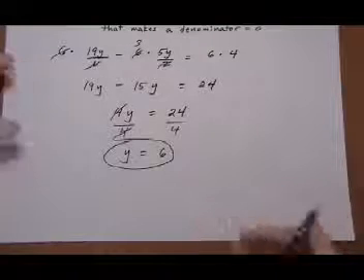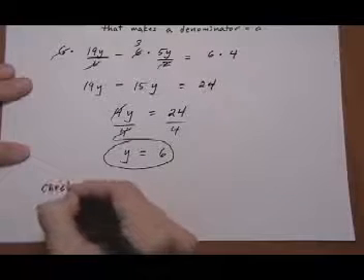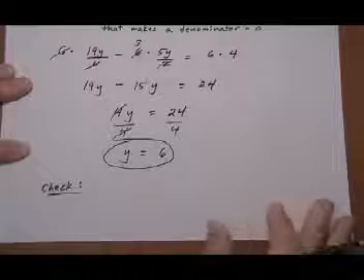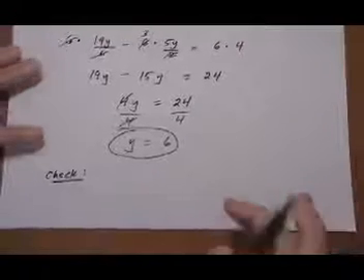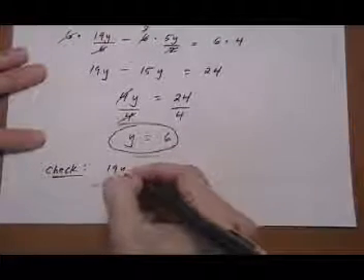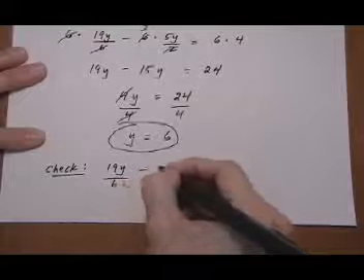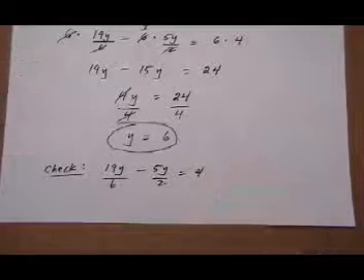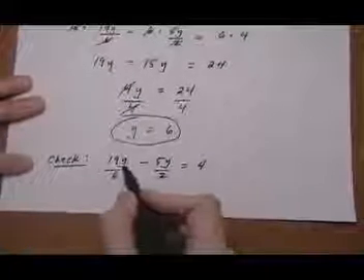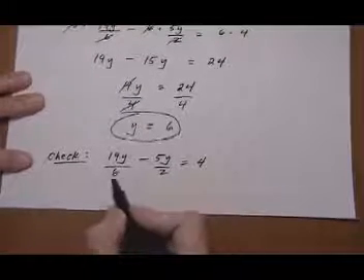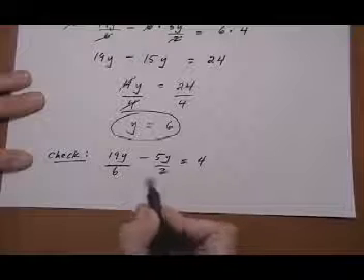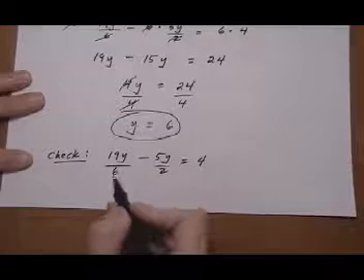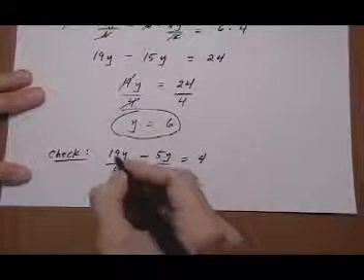And then for a check, we want to put this y equals 6 back into the original equation, which was 19y over 6 minus 5y over 2 equals 4. And we don't have to worry about a denominator going to 0 here because the denominators don't have any variables in them. So we're not going to be plugging in our 6 into the denominators.